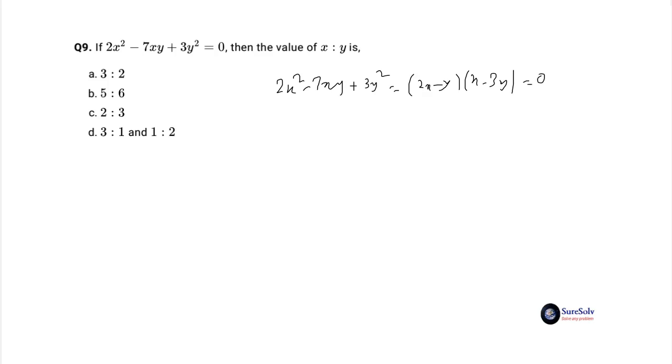This will give you two relations between x and y satisfying the quadratic equation as 2x equal to y or x is to y equal to 1 is to 2, and x equal to 3y or x is to y equal to 3 is to 1. So the ratio of x is to y has two values for two zero-valued factors, 1 is to 2 and 3 is to 1. Answer is option D, 3 is to 1 and 1 is to 2.